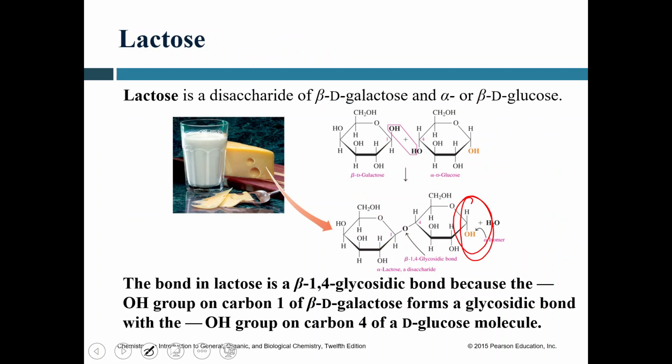The bond is a beta-1,4 glycosidic bond because of the OH group on carbon 1 of beta-D-galactose. So this hydroxyl group belongs to beta-D-galactose, and we always look at the one on the left. It is forming a glycosidic bond with the OH group on carbon 4. So carbon 1 determines whether it's a beta disaccharide or an alpha disaccharide.